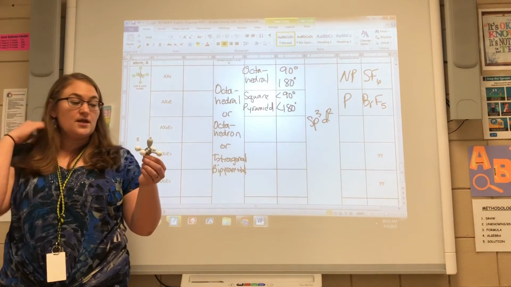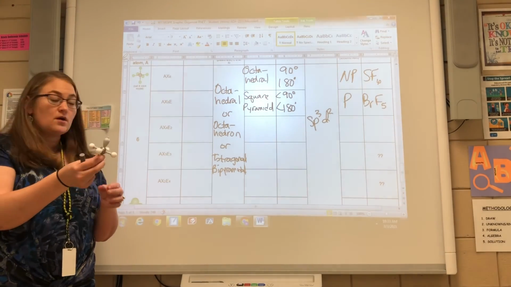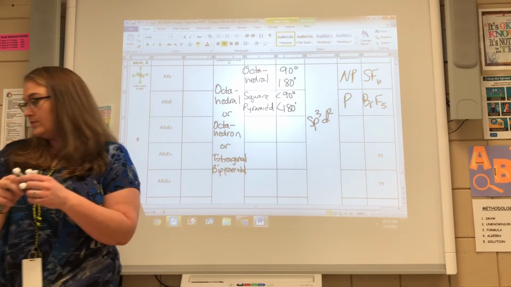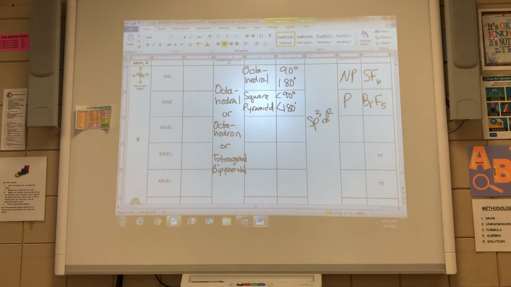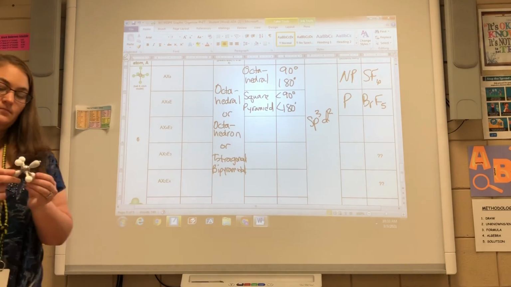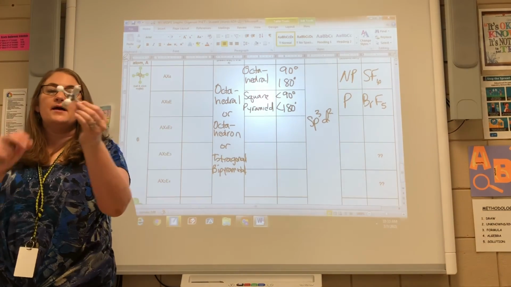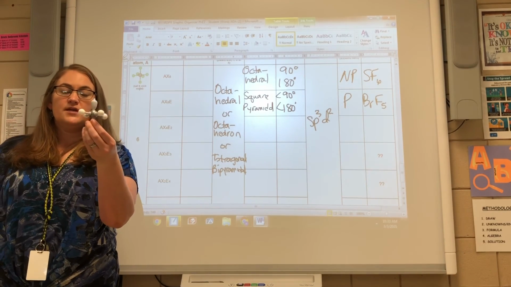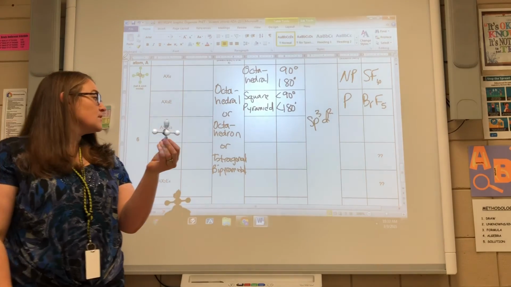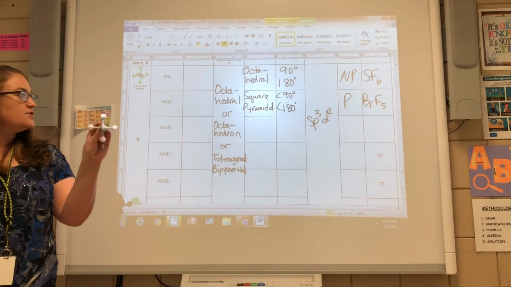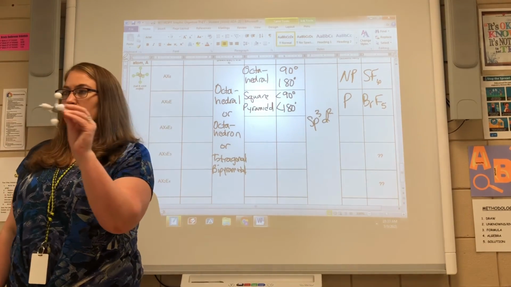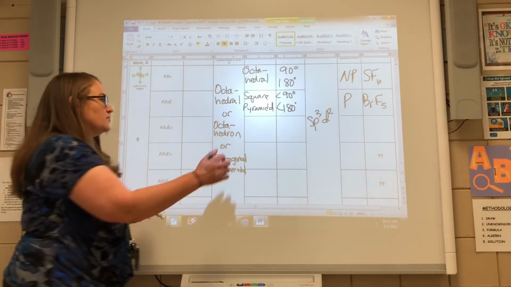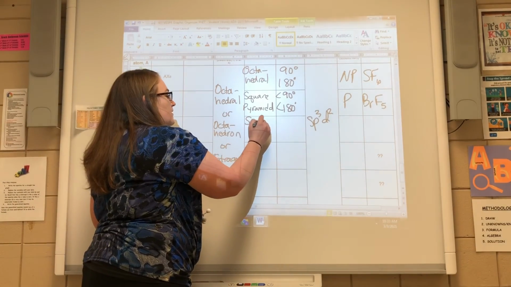All right, so we're going to go to the next one. We're going to go to AX4E2. All right, so I took off the atom that was attached on the opposite side. What shape do you see? See a square. I'm going to go ahead and write square in there.